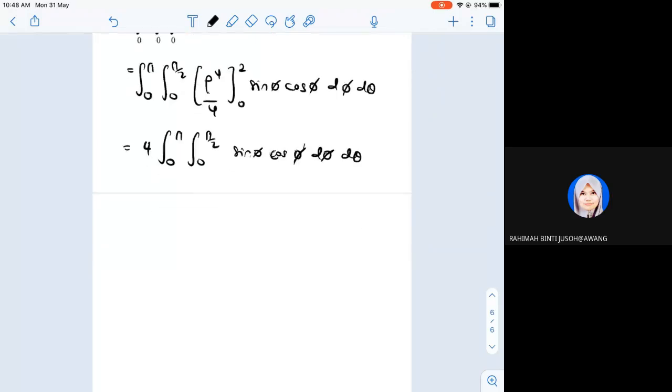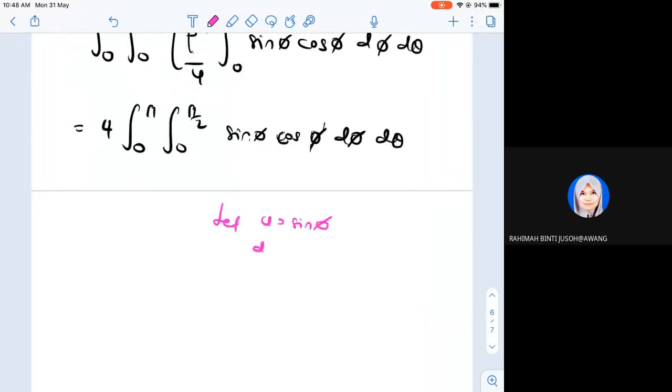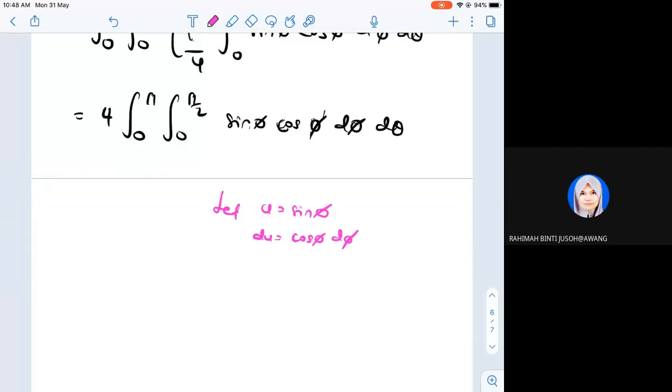Okay, we have to make a substitution. Alright, so we let u equal sine phi. So du equals, differentiate sine, we get cos phi d phi lah. Okay, so we can substitute the limit.